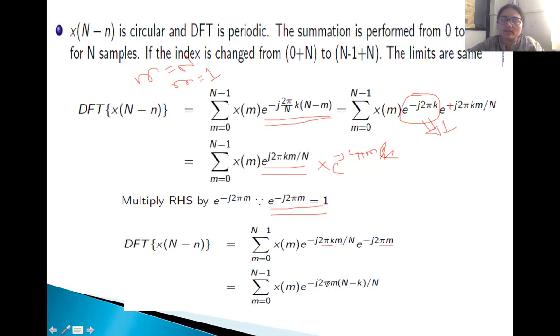And the remaining we have written as N minus k divided by capital N. Now, if you compare, this is nothing but the DFT values shifted by N minus k units, or folded. The DFT values are folded. So we can write this as x of minus k modulo N.